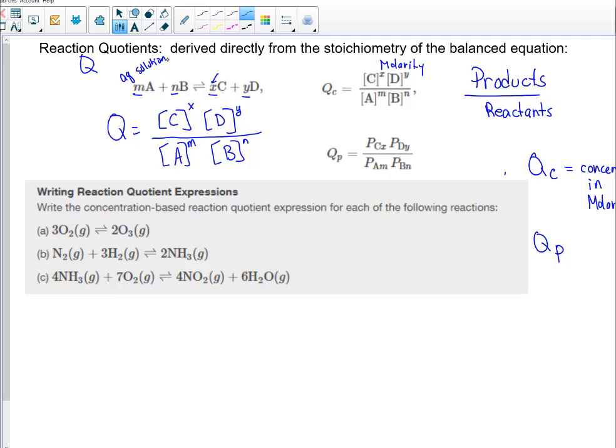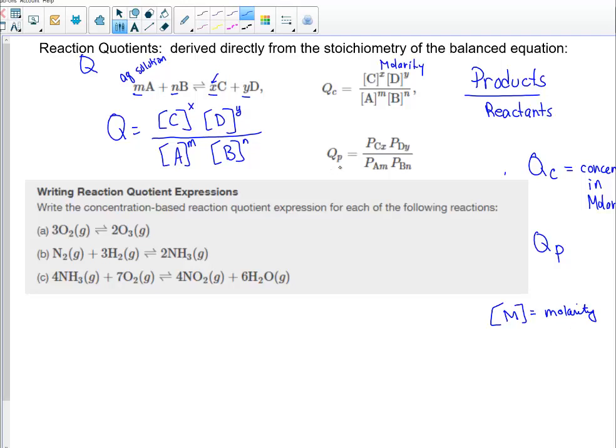The brackets stand for molarity units. And I'm sure you remember this from your solution stoichiometry, when you learned how to make dilutions and so forth.